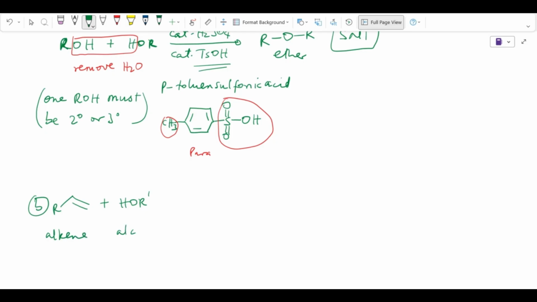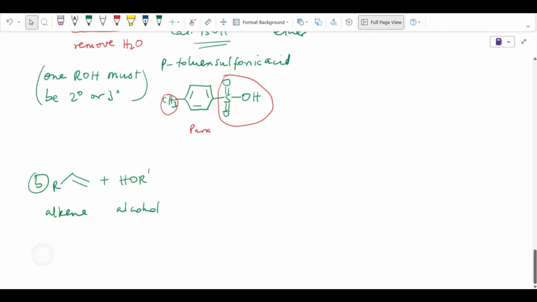So we're reacting an alkene with an alcohol. We're going to do this also under acidic conditions, so you're going to use a catalytic acid, such as catalytic sulfuric acid.